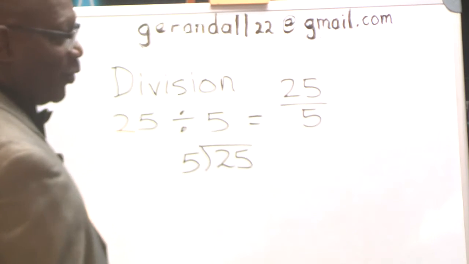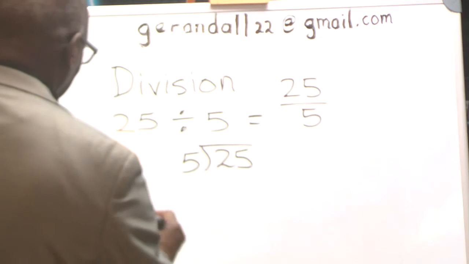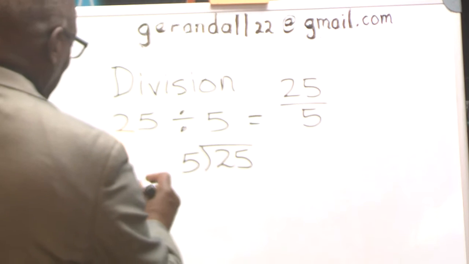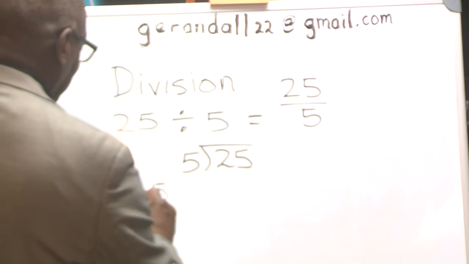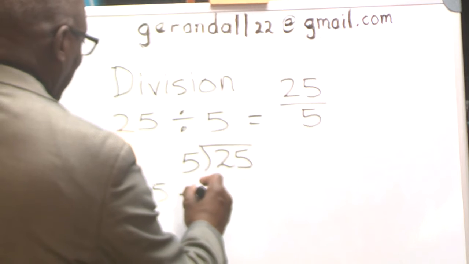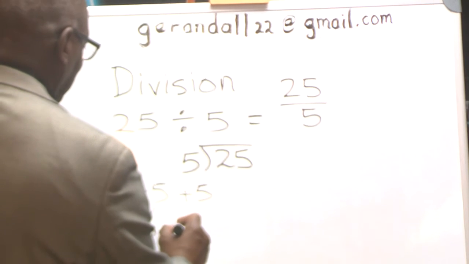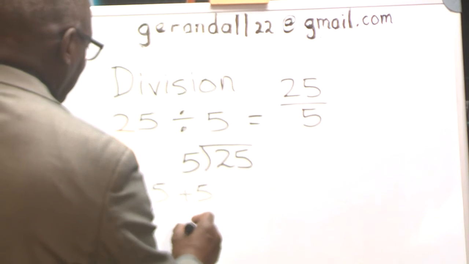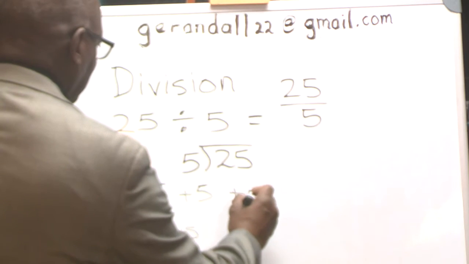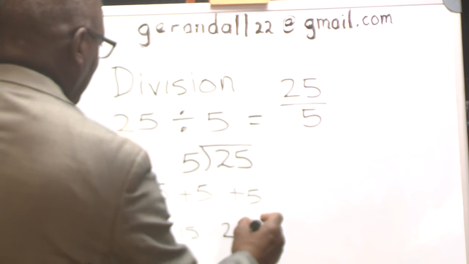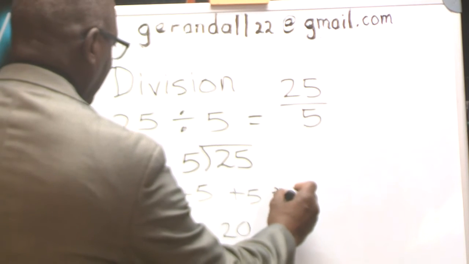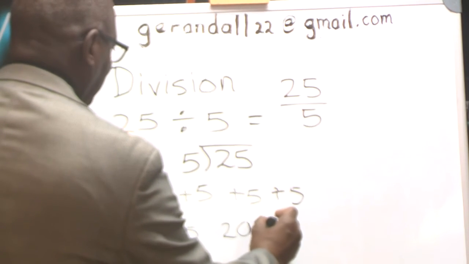So we can do what we've been doing. 5 plus 5 is 10, plus 5 is now 15, plus 5 is 20, plus 5 is 25.